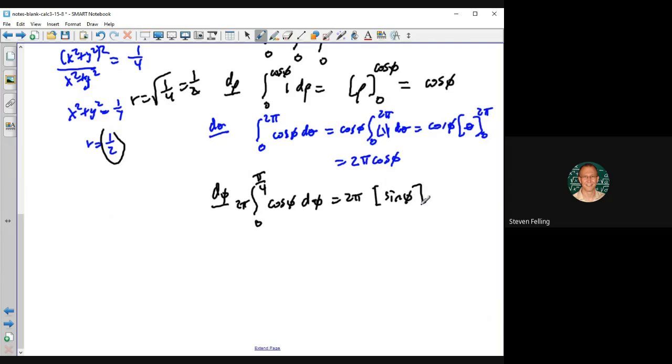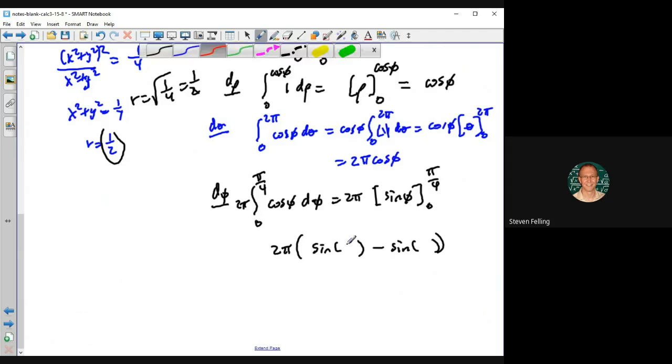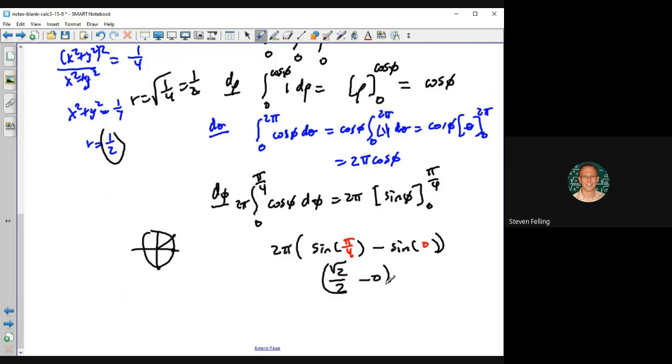So we have sine phi here from 0 to pi over 4. I actually have to plug these in, so I have 2 pi times sine of something minus sine of something. We would plug in pi over 4 here and 0 here. On a unit circle, pi over 4 is here. The sine of that is the square root of 2 over 2. And down here at 0, this is 0.